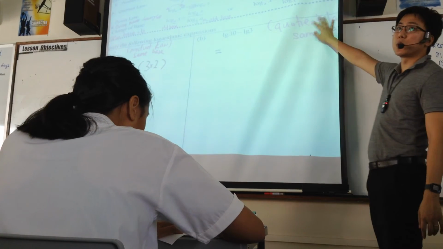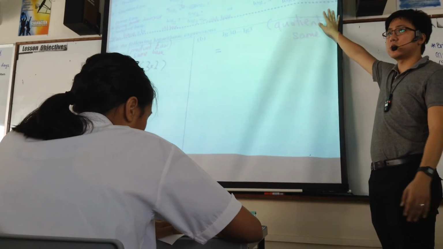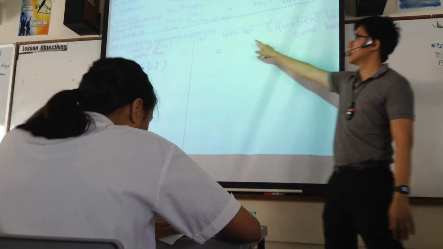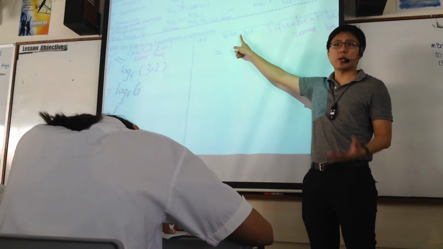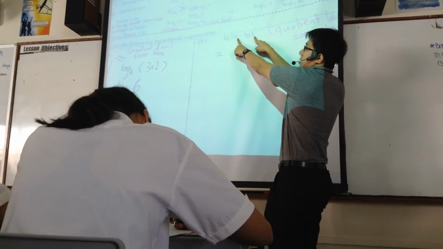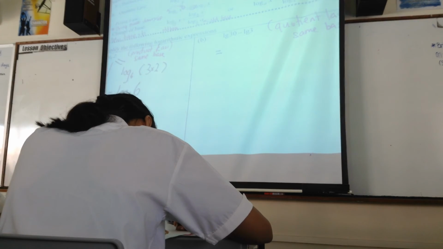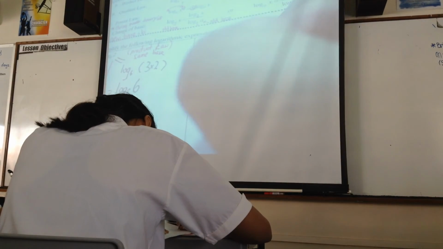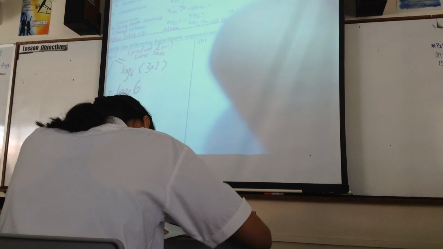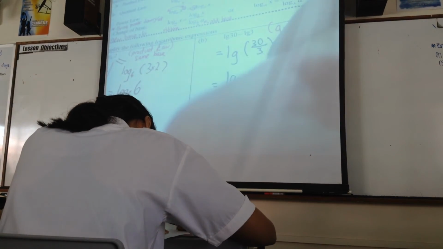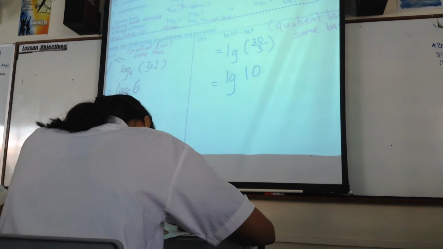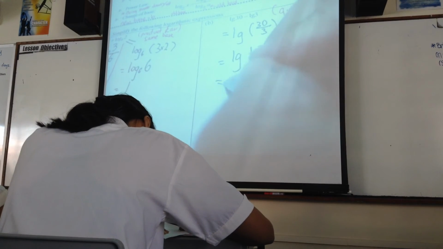But later on, when you are pro, no need to write anymore. So, quotient law, same base. So, minus, what do I do to the two numbers? Divide, right? So I write lg 30 divided by 3. What's the answer? 10. lg 10 equals to 1.